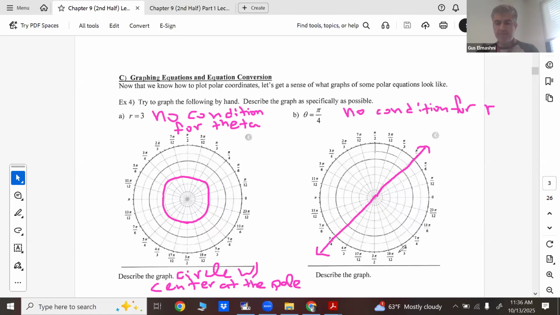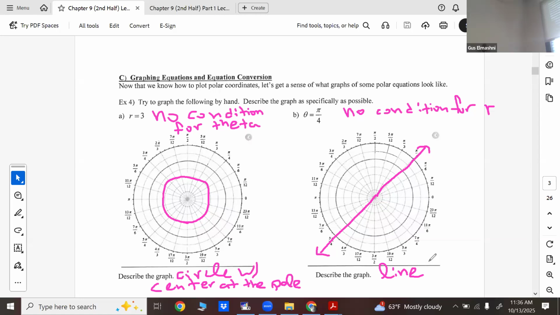So that's just a line. That's it. Just a line. But of course, it passes through pi over 4. So any R value with pi over 4 as its second coordinate in the polar coordinate system, this line represents all possible points with theta equals pi over 4. Because R could be whatever. We chose what we want.